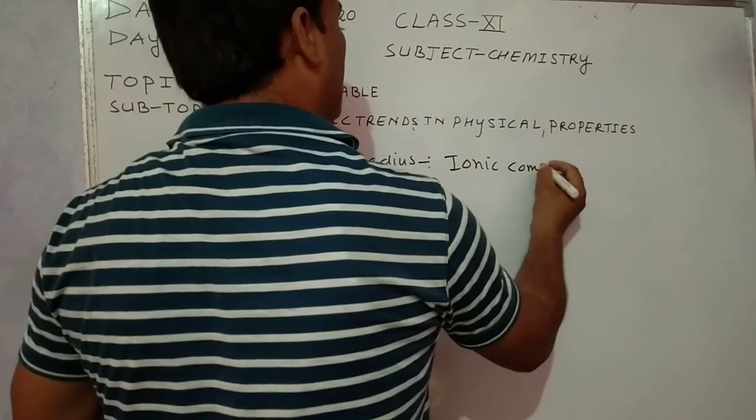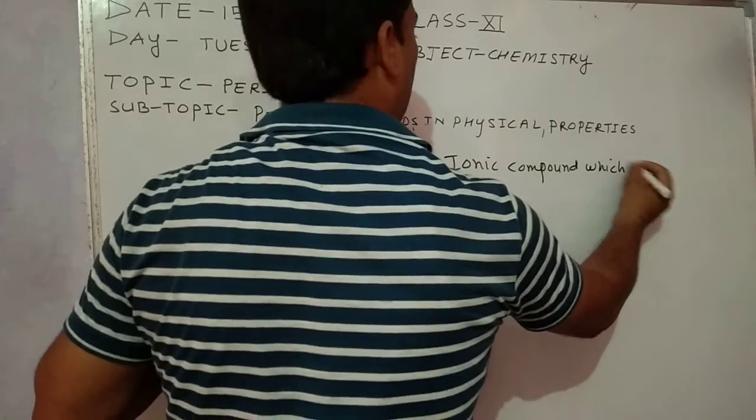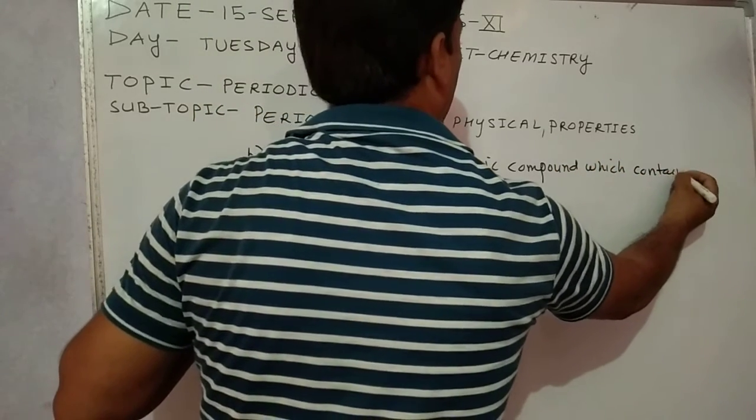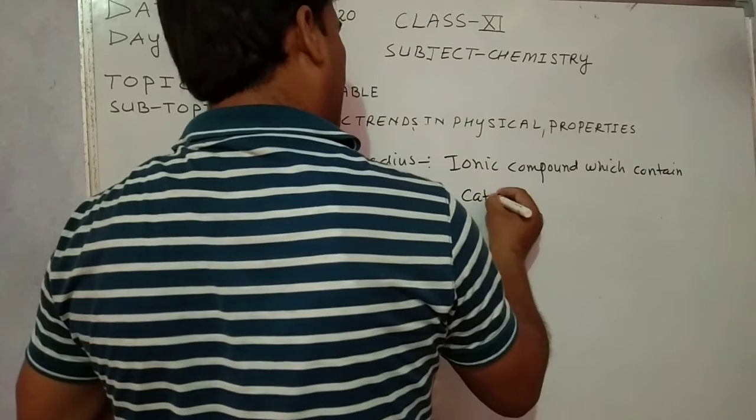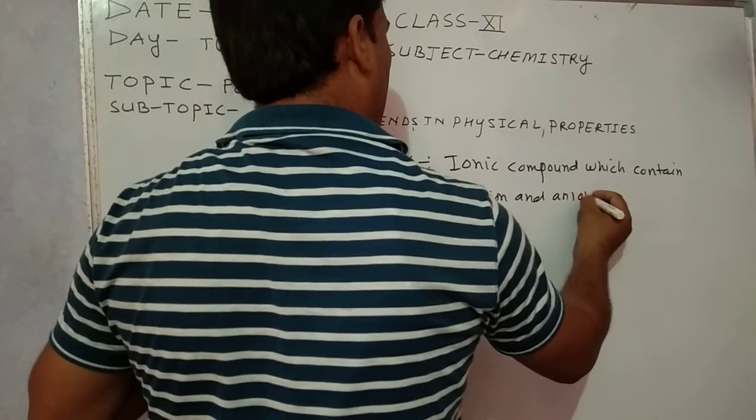Ionic compound is that which contains cation and anion.